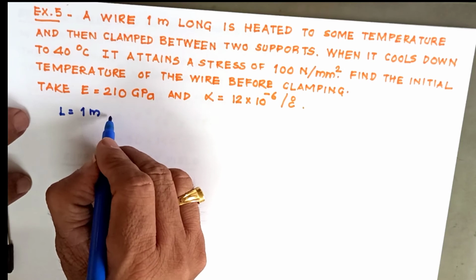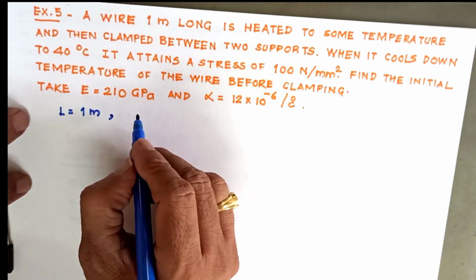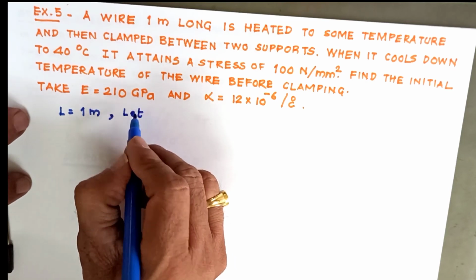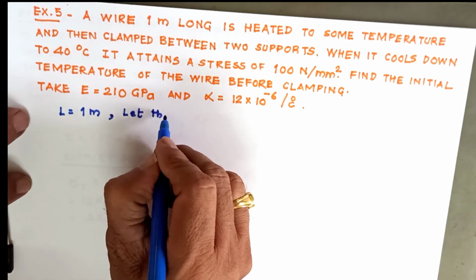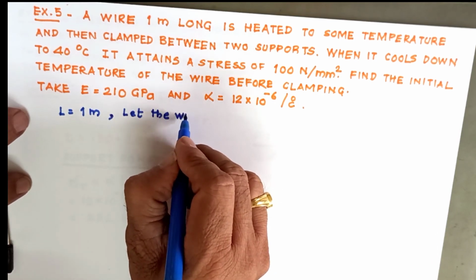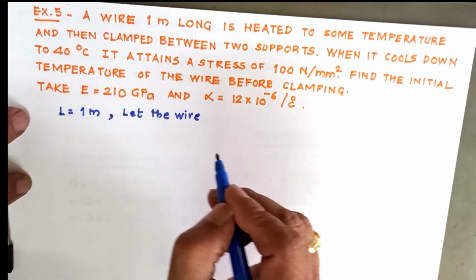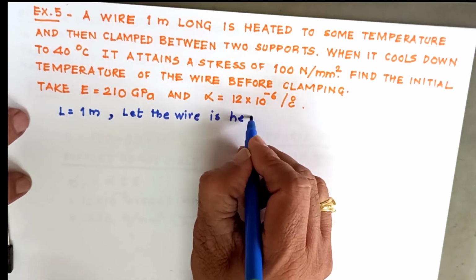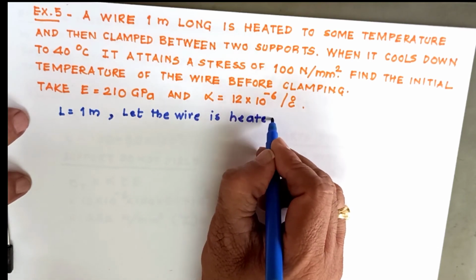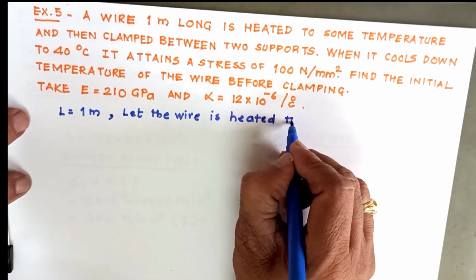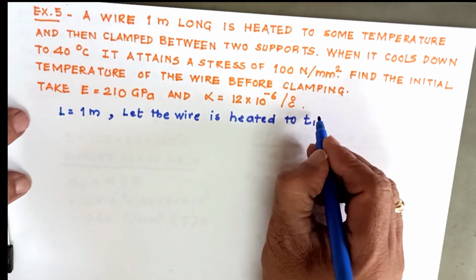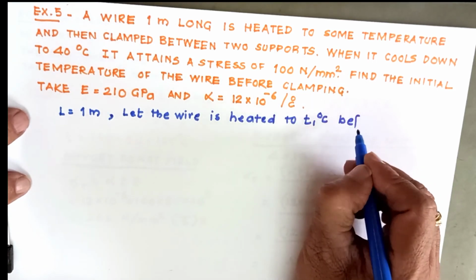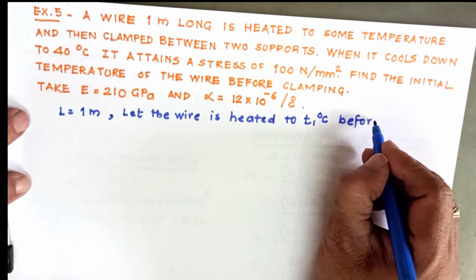Let us say the wire is heated to T1 degree Celsius before clamping, means before fixing at the ends.